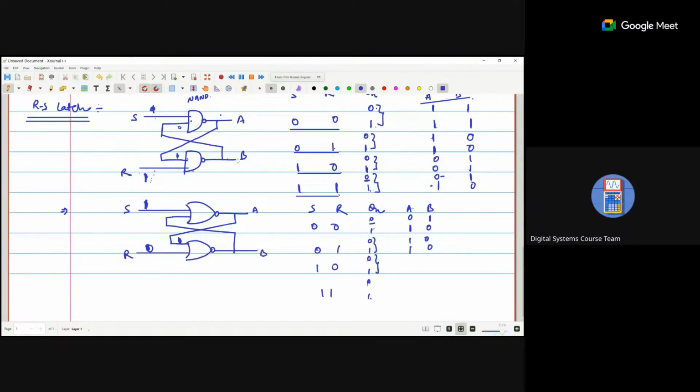So if S is 1, A is 0. If A is 0, B is 1. And last, if both inputs are 1 1, it becomes 0.